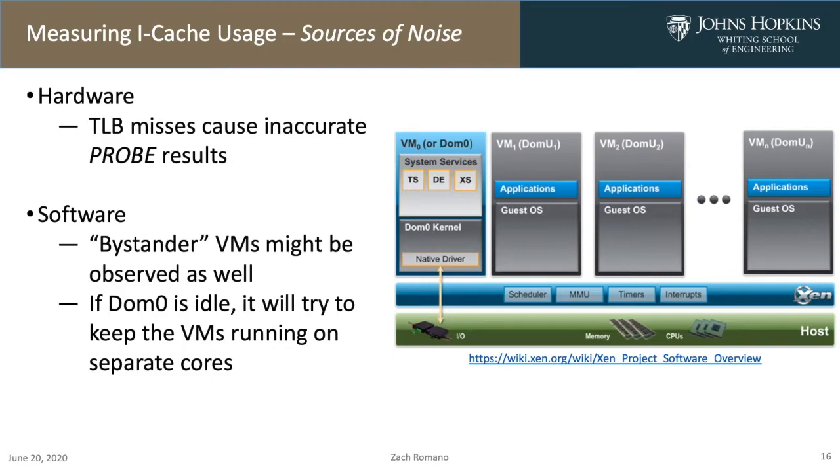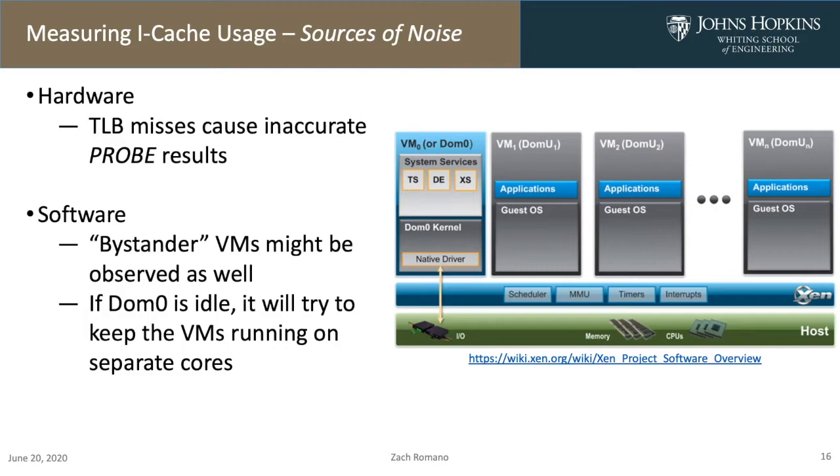Another sort of noise is from software. There's probably going to be more VMs than just the attacker and the victim on the physical host. So maybe we're measuring the execution of some bystander VM over here, and we really don't want to analyze their execution. We really only want to focus on the victim, so we're going to have to filter them out somehow.